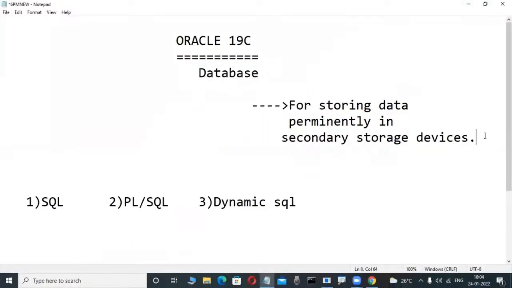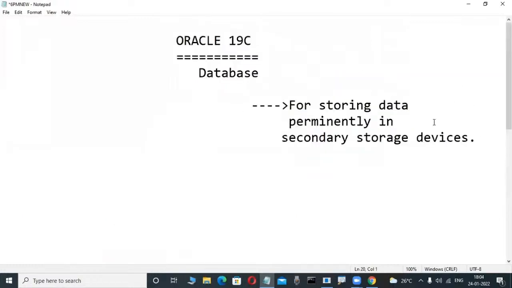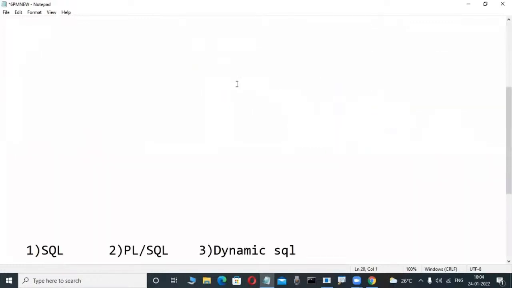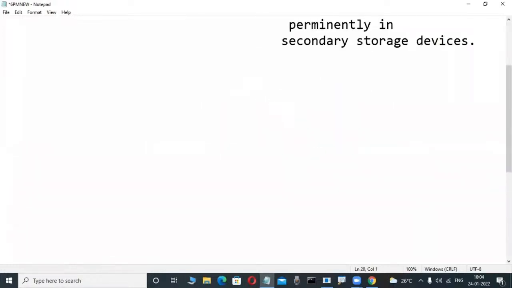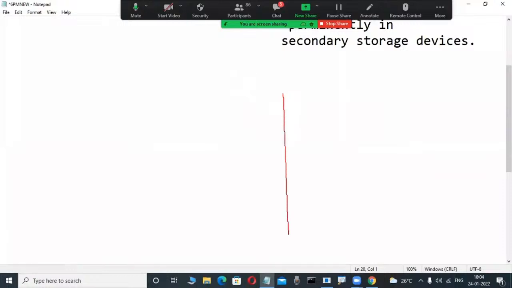But unfortunately, what I told in previous classes, observe slowly here: a database is a place. Whenever we install Oracle, SQL Server, DB2, these types of databases in our system, automatically one place is created. That is called a database.